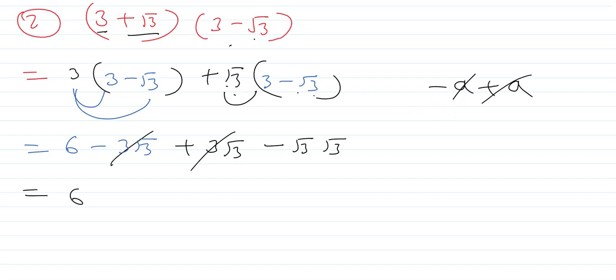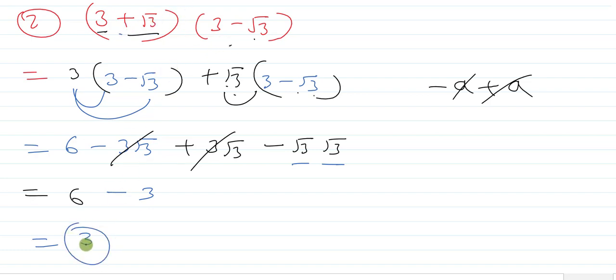In addition, you have to take 0, but in division, if it is getting cancelled, it should be 1 there. So the answer is minus. Now, root 3 into root 3 is 3. So the last answer will be 6 minus 3, 3. So after solving this, you are getting the answer as 3.